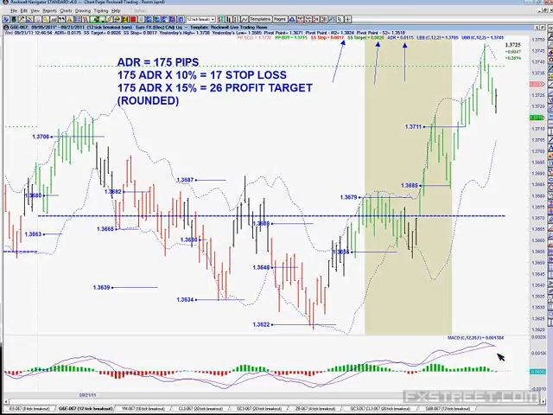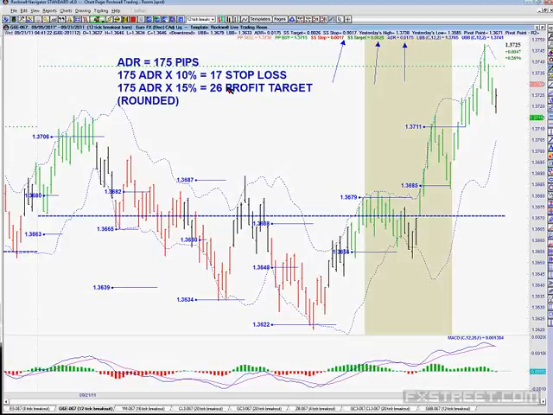Now this changes if it's another day. If we go back to July and we're looking at 150 pip average daily range or 140 pip average daily range, then the target and the stop loss are going to be smaller. We're still going to make more on a winning trade than we will on a losing trade, but it's going to be appropriate for those market conditions.